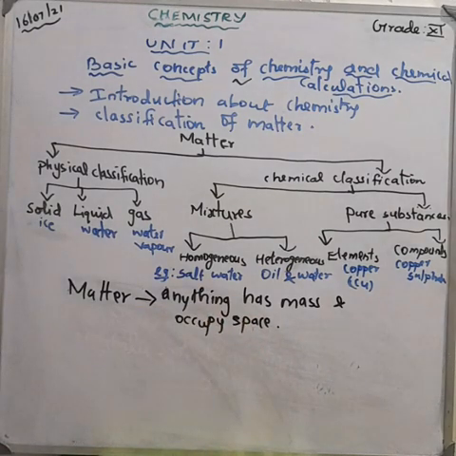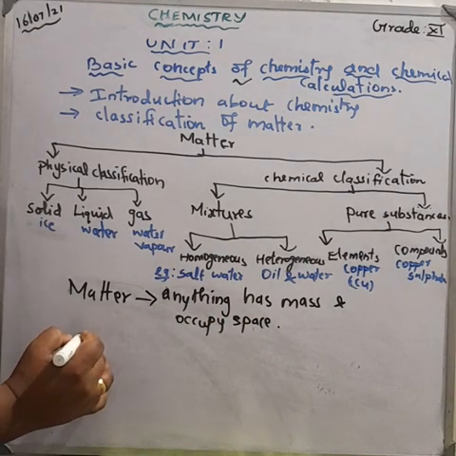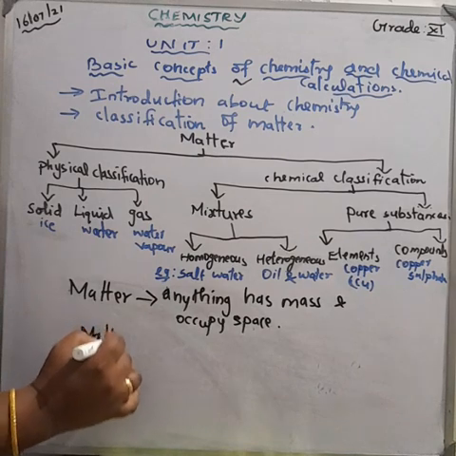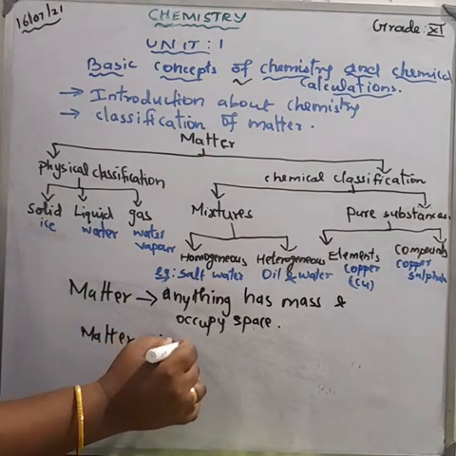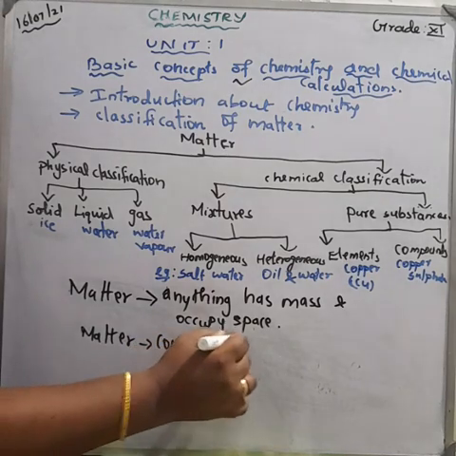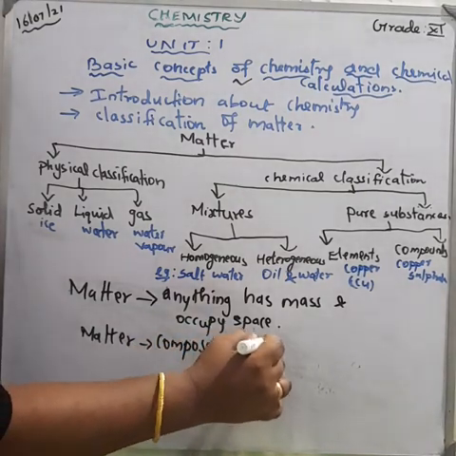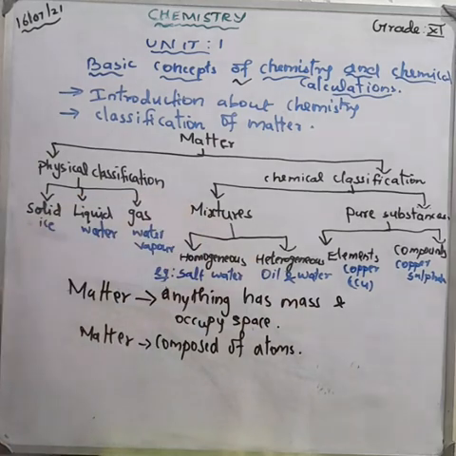All matter is composed of atoms. Your pencil, your pen, your book, anything, these are called matter. In order to understand the properties of matter better, we need to classify them.